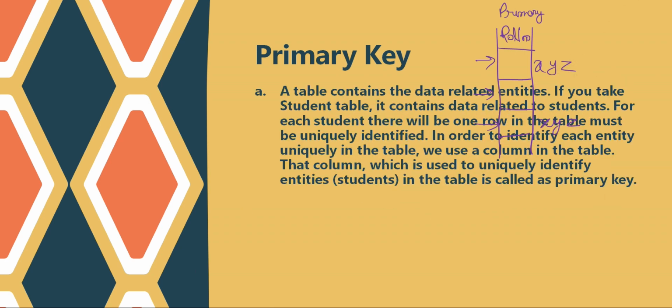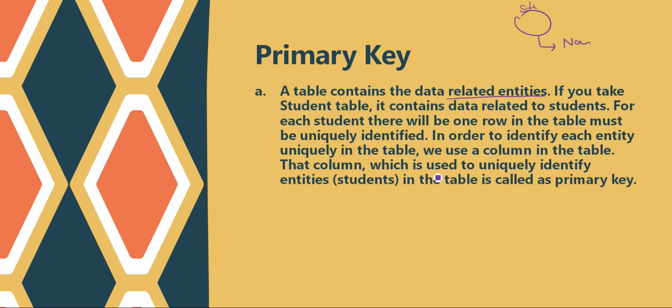Right? Now the definition. A table contains data related to entities, right? If a student table is there, then obviously I am going to store student details like name, age. If you take a student table, it contains data related to students. For each student there will be one row in the table, and it must be uniquely identified. In order to identify each entity uniquely in the table, we use a column in the table.